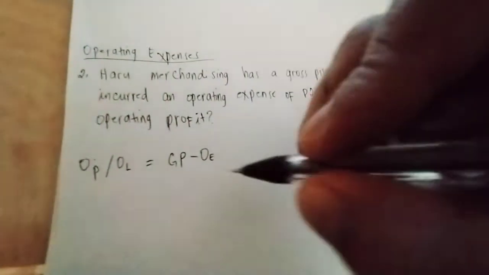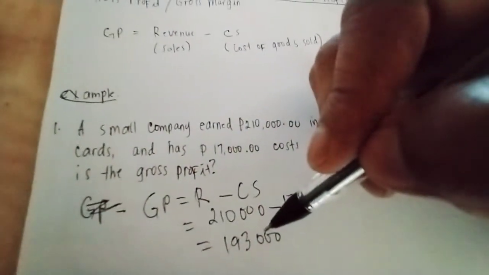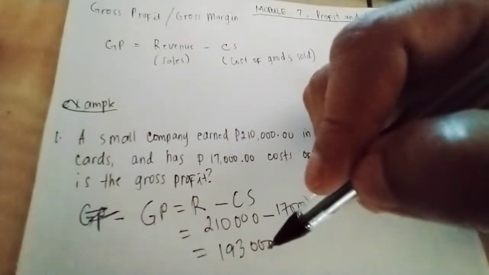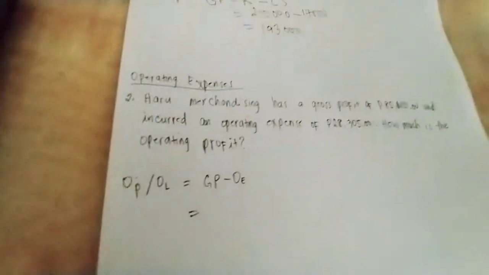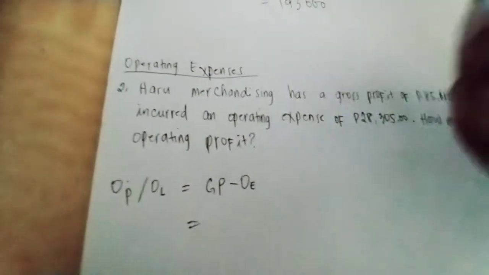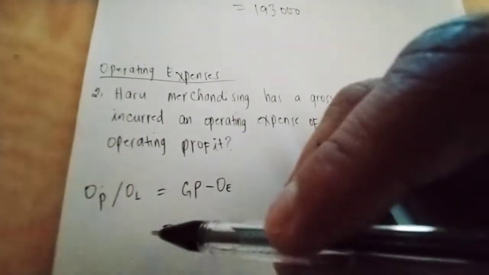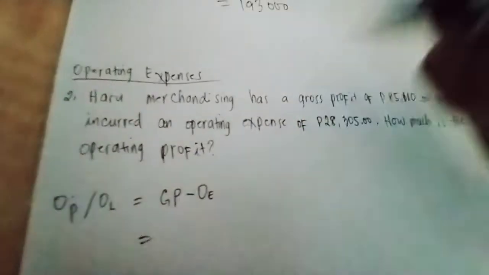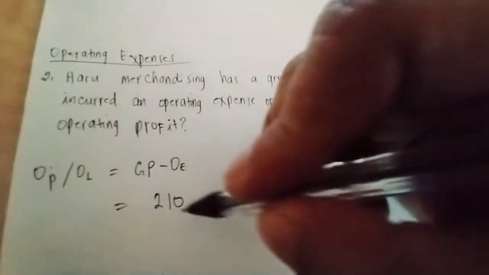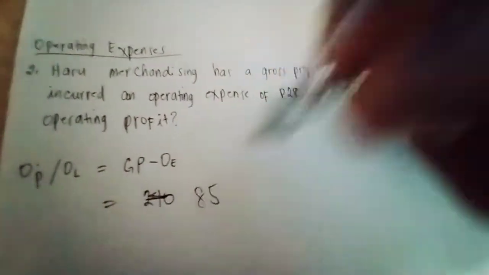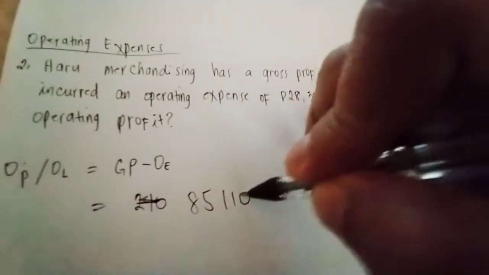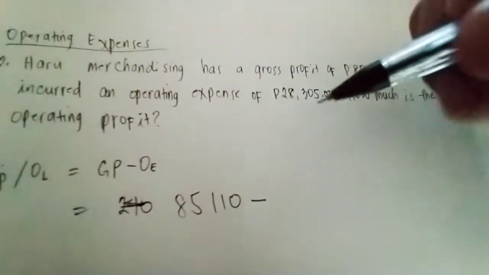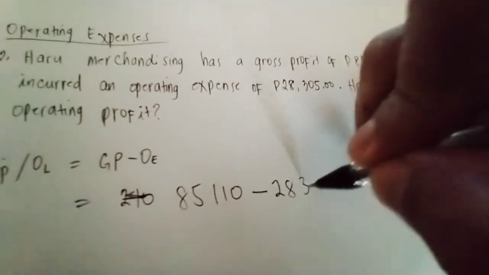Okay? So, halimbawa dito. Going back here, since this is positive, this is the gross profit. Pagka negative siya, magiging gross, yung magkakaroon siya ng loss. Okay? Yung kumbaga pagkalugi. So, yung operating profit or operating loss is equal to the gross profit, sa number 1 pala yun, 85,110 minus operating expenses, that is 28,305.